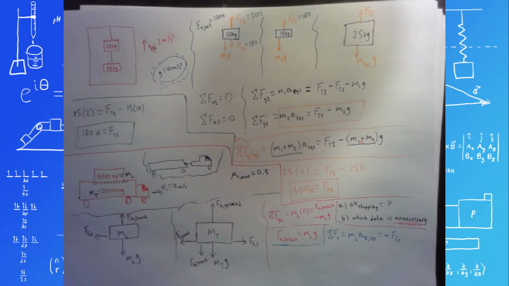And the force of friction static, assuming the worst case scenario, they were asking calculate the minimum stopping distance for which the load will not slide. Minimum stopping distance means maximum deceleration. What's the highest deceleration we can get?